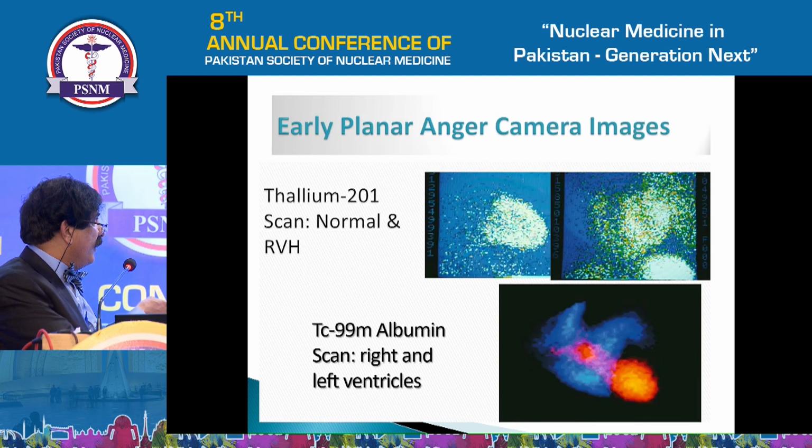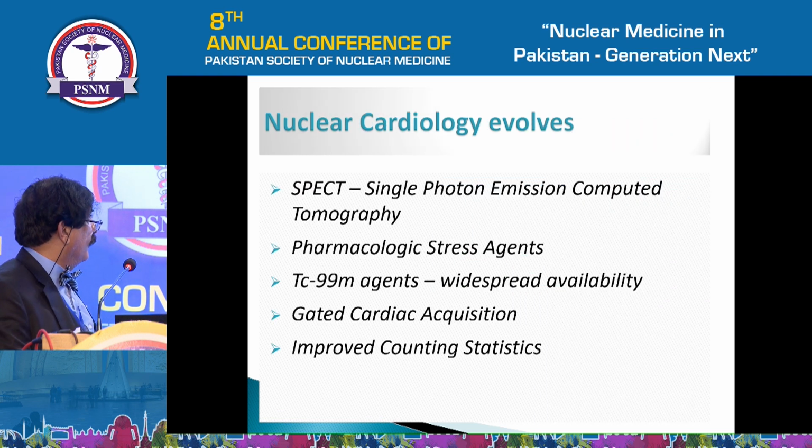This is one of the initial examples of what we used to do here in the Nuclear Medical Center in AFIP: thallium-201 scan, normal with left ventricular hypertrophy, and blood pool imaging using technetium albumin scan.